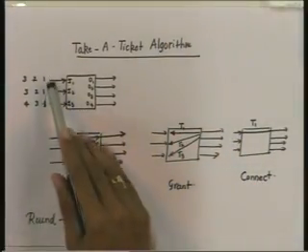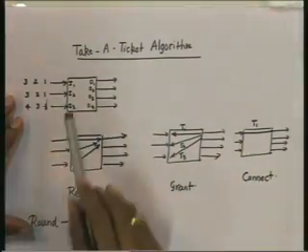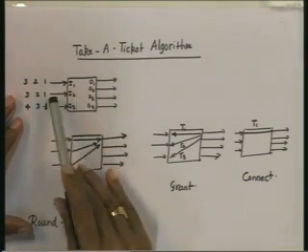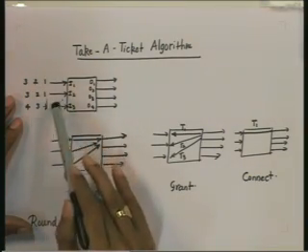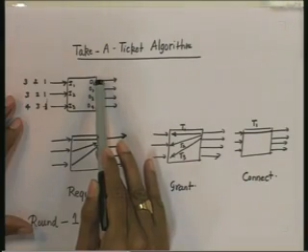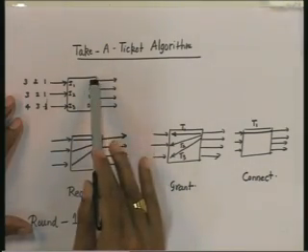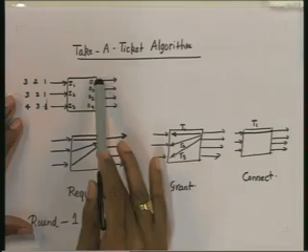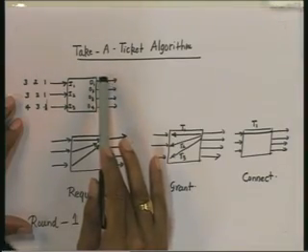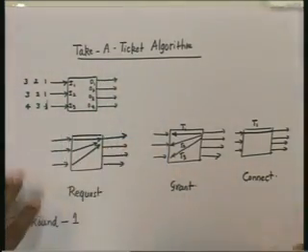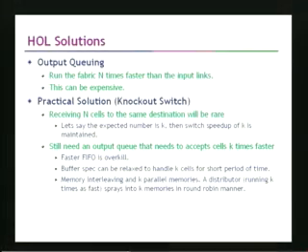So, if you look at our previous example, if the switch is run 3 times faster, then in the first time slot itself, all the 3 packets could have been switched to the output port 1. Of course, the output port 1 cannot transmit these packets simultaneously. So, these packets will have to get queued at the output queue. This is what is called output queuing. So, output queuing is one of the solutions to HOL blocking, but however, this can be extremely expensive. Okay.